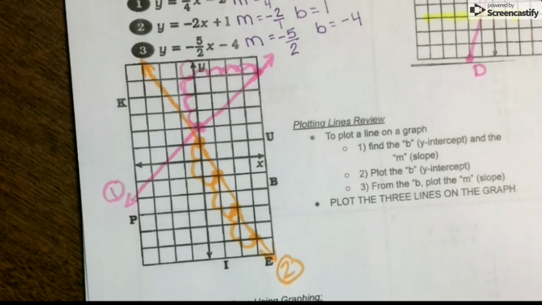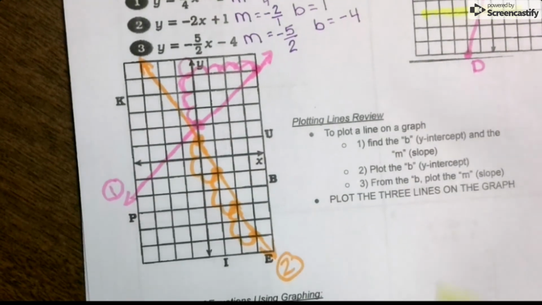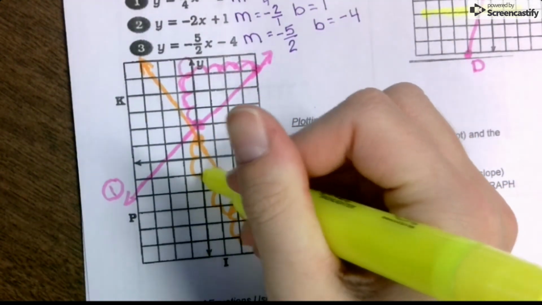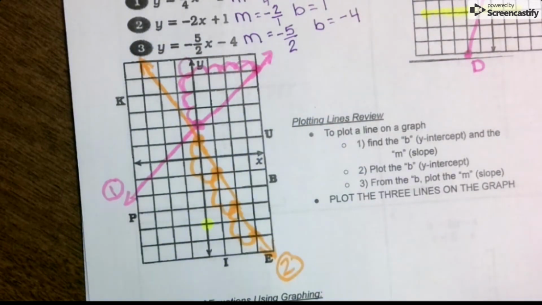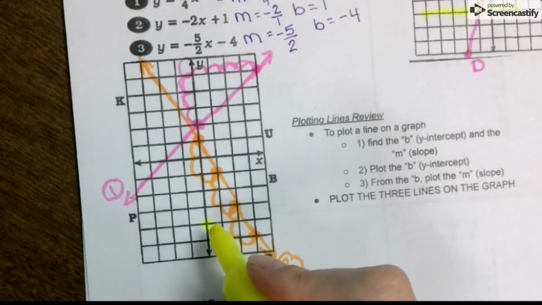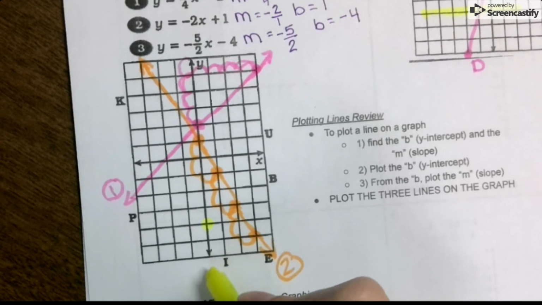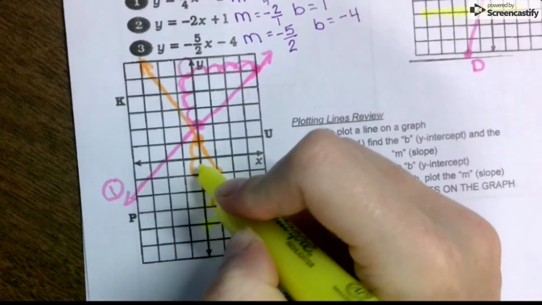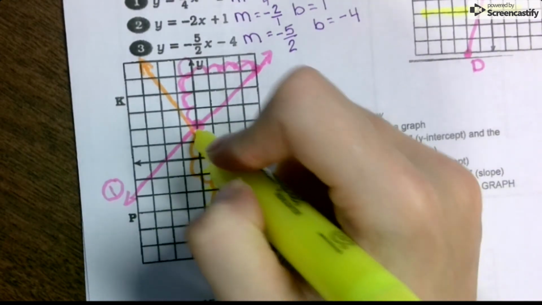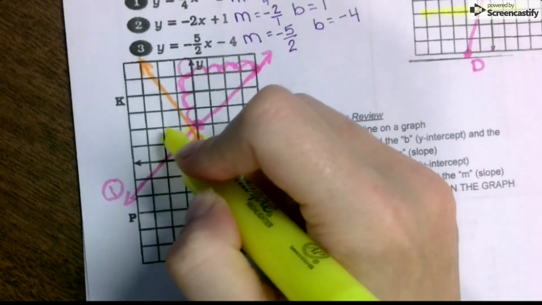Next, I'm going to plot it at -4 first on the y-axis. So that's 1, 2, 3, 4 in the negative. And it's a -5/2. Well, I can't do that. I can't go down and to the right. But I can do the opposite. I can go up 1, 2, 3, 4, 5, and left 1, 2.